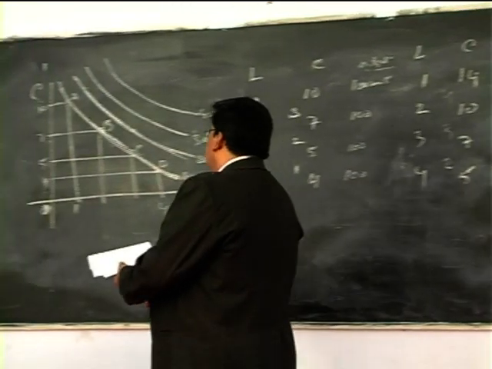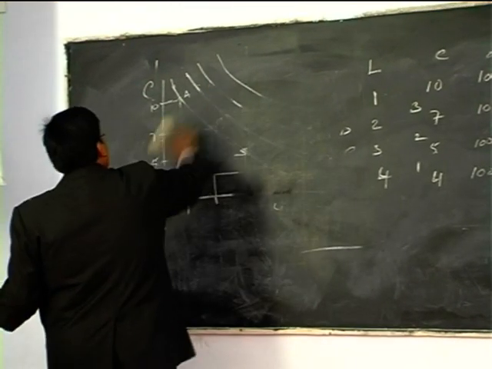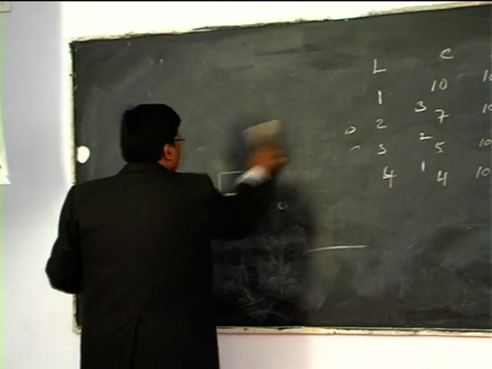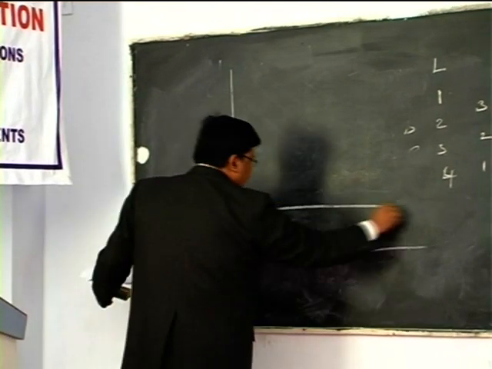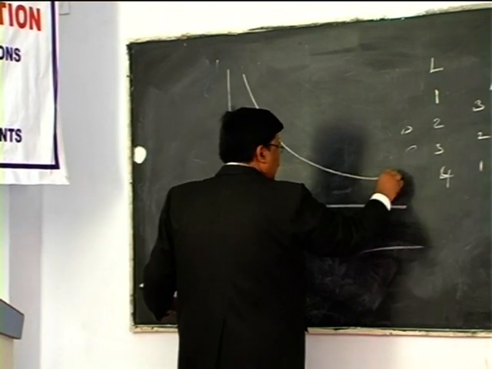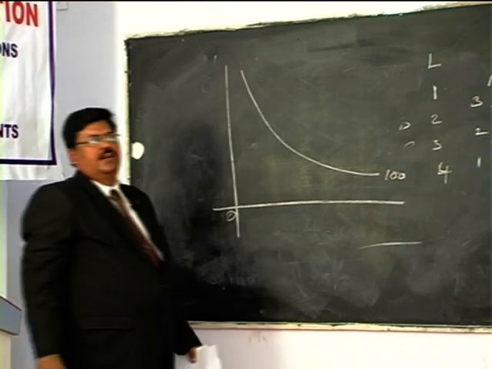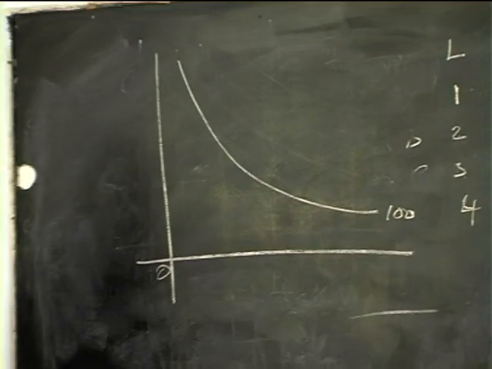Marginal rate of technical substitution is the reason for the downward slope of the indifference curve. Then let us see what the slope of an indifference curve is. This is the production indifference curve for 100 units, or isoquant for 100 units of output.